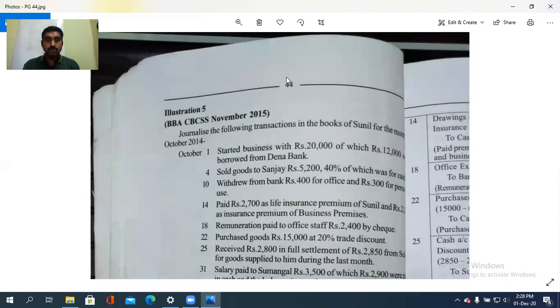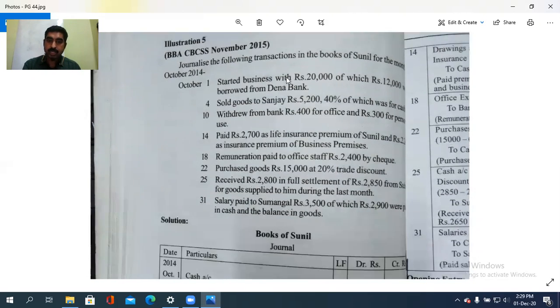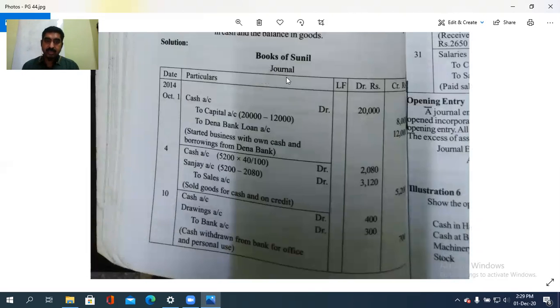Second case. Sold goods to Sanjay 5,200, 40% of which was for cash. So only 40% is cash sales, and the rest is credit sales. So Sanjay debtor and cash account debtor to sales.